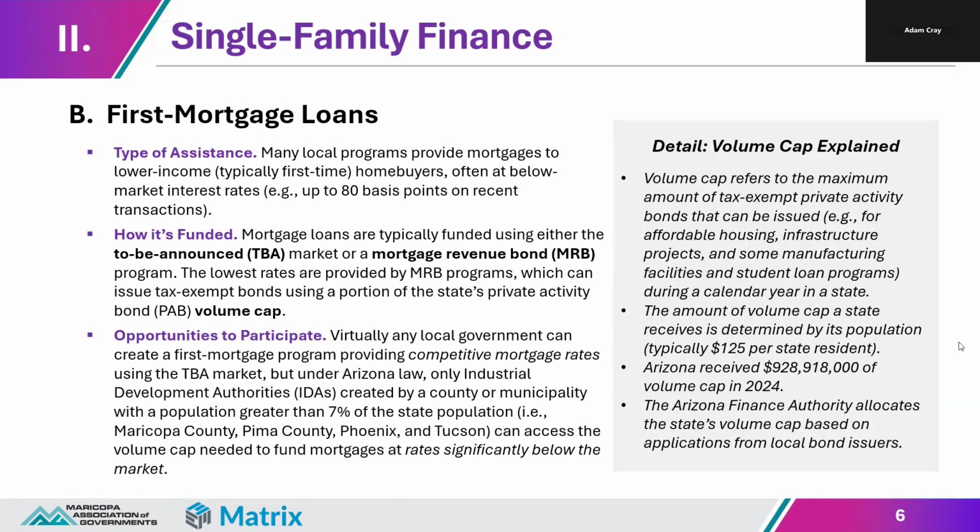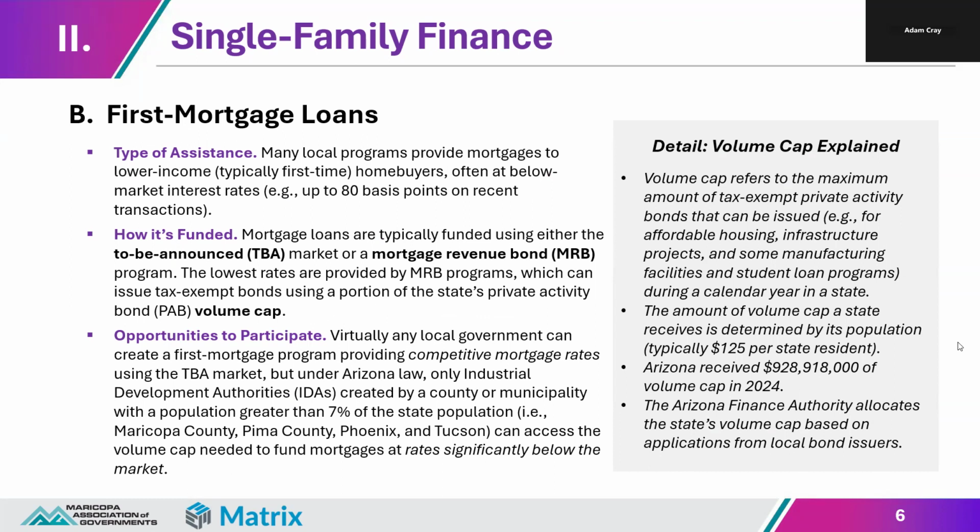So on the first mortgage side, the type of assistance here is what you would typically expect to get from your mortgage bank, from the bank that you typically work with on all your financial needs.